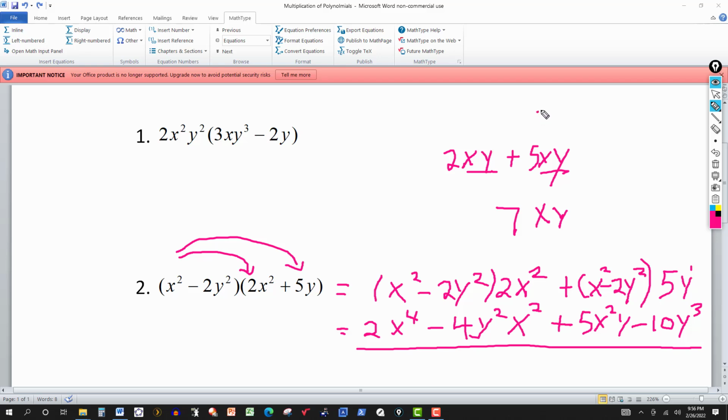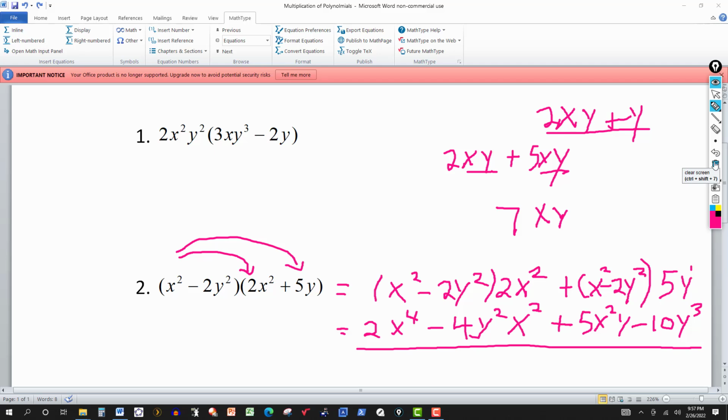But if you have a 2xy plus y, can't add them up. You just leave it that way. Just like A plus B is A plus B, because A is different than B. You have A plus A, that's 2A.